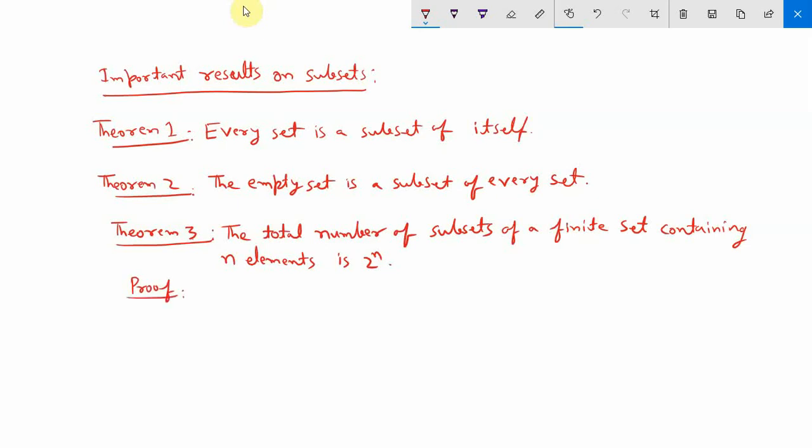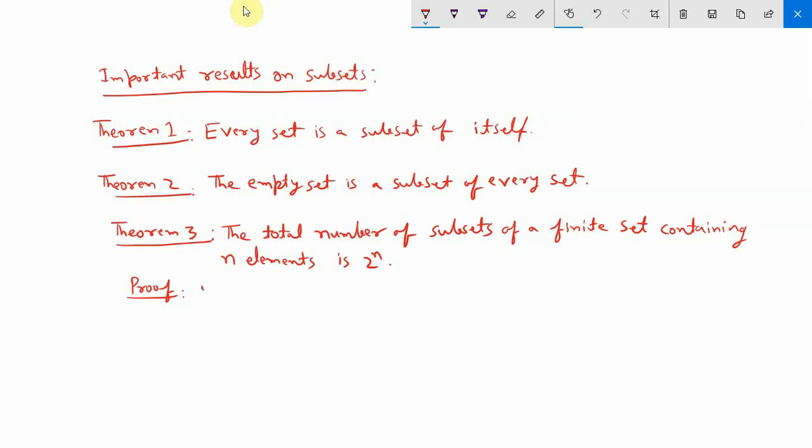See, if A is a finite set containing n elements, and R is the number of elements considered at a time, which will be for any subset.